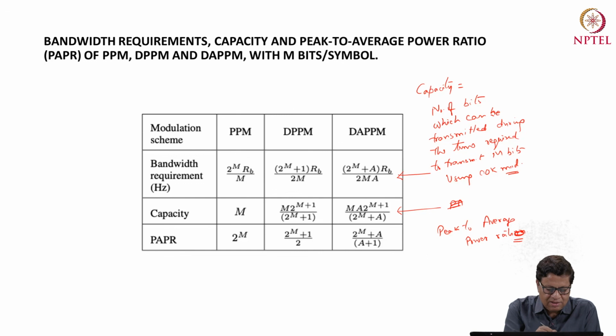So these are the three main things to consider: bandwidth requirement, capacity, and PAPR. And it has been given here. So depending upon the value of M and A, you can play with these modulation schemes, and depending upon the application, you can select the suitable modulation scheme for your application.